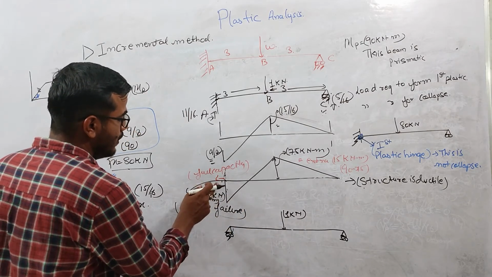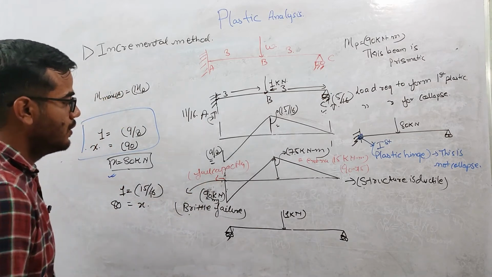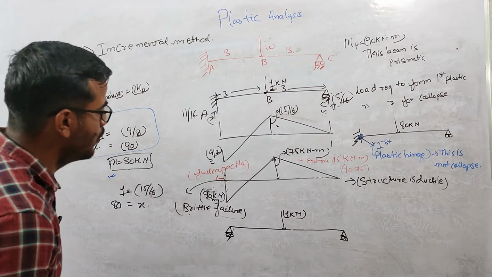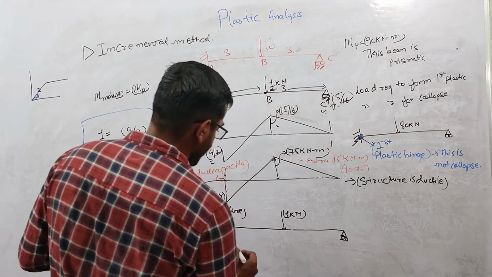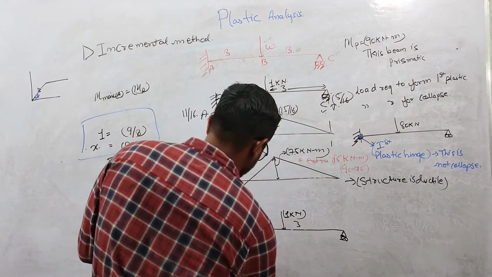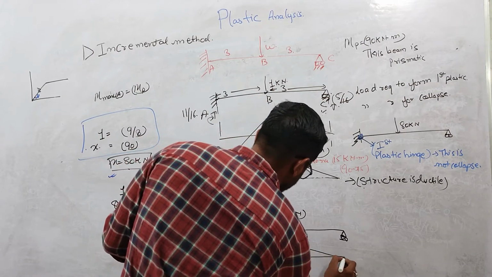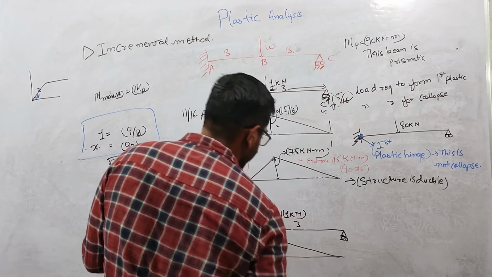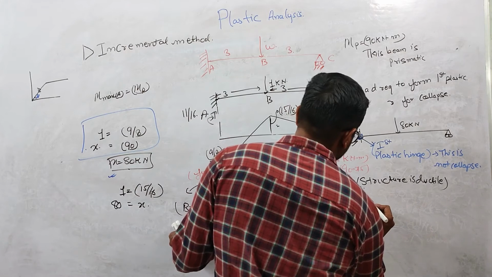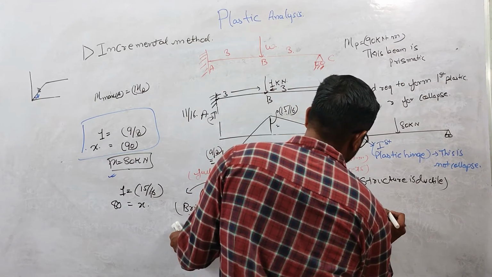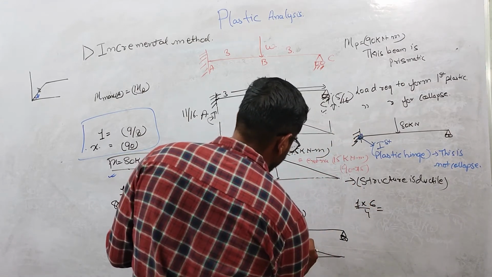If you apply the 1 kilonewton load at this point, with spans of 3 and 3, the bending moment diagram will look like this, and the value is PL by 4. So 1 into 6 by 4 is 1.5 kilonewton meter.